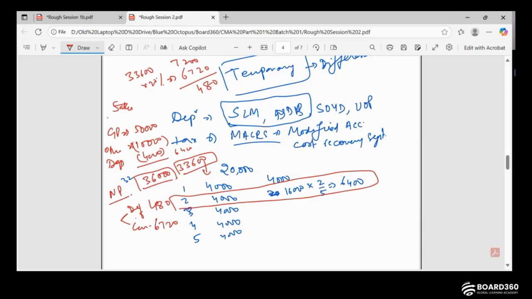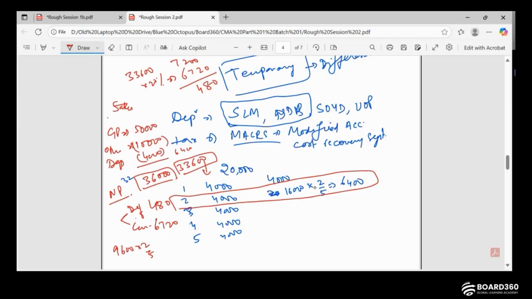How will it be reported? How can it be utilized? So here if you see 16,000, 6,400. Now in the next year, in year 3, the depreciation calculation will be 9,600 into 2 by 5. Right?